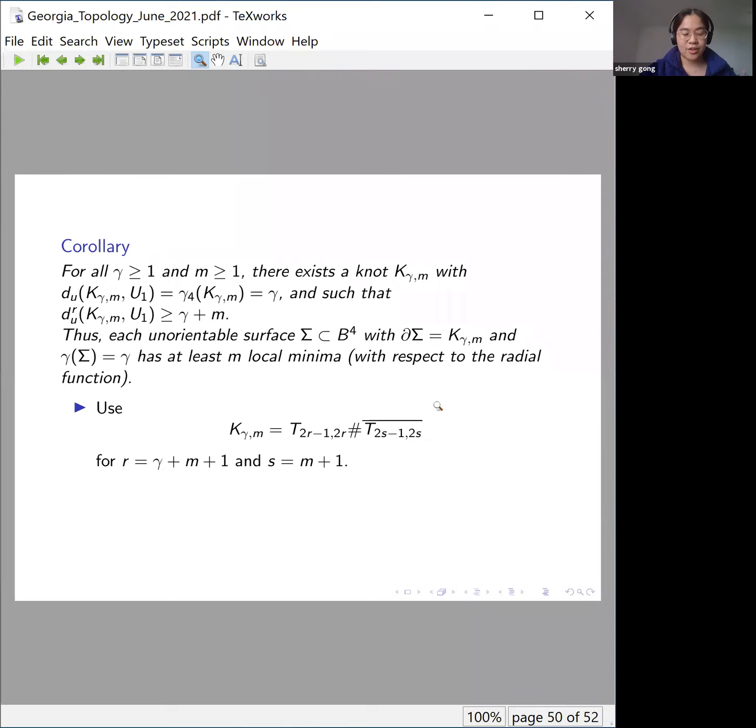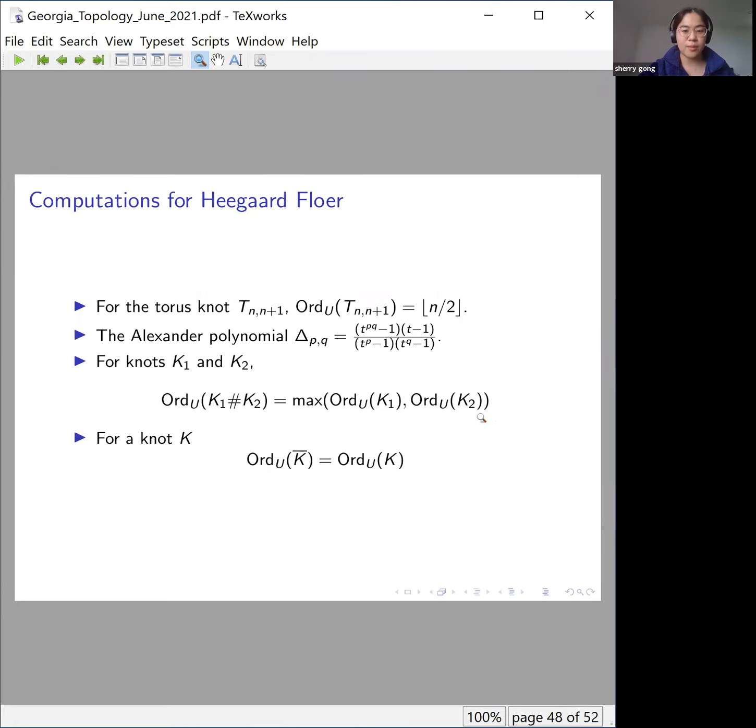And here the knot that we take is the connected sum of T(2r-1, 2r) with T(2s-1, 2s), where we compute these torsion orders of these knots using these formulae.